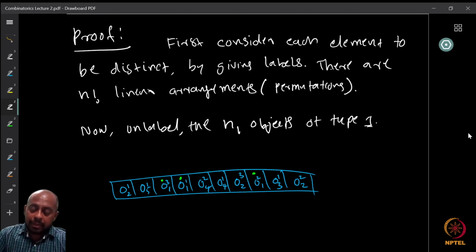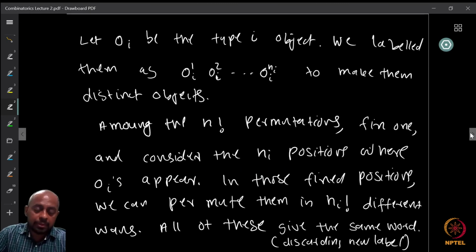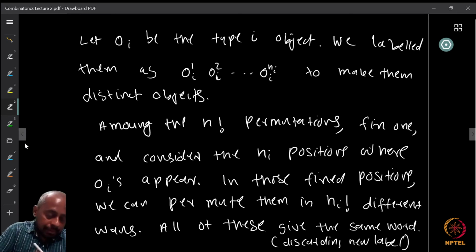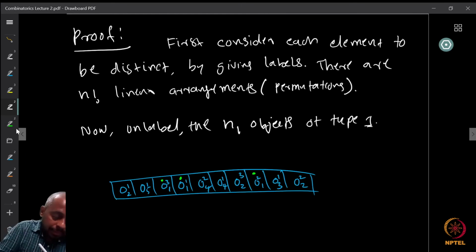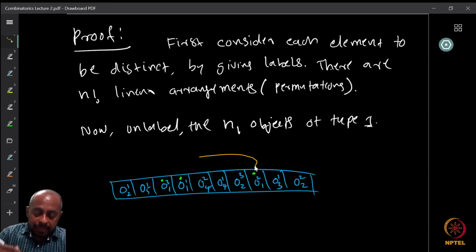After this, I do the unlabeling. I unlabel the n1 objects of type 1. So what happens? Here O1 has O1 1, O1 2, and O1 3, so there are 3 objects of type O1. When I unlabel these 3, the different things will become the same, right?